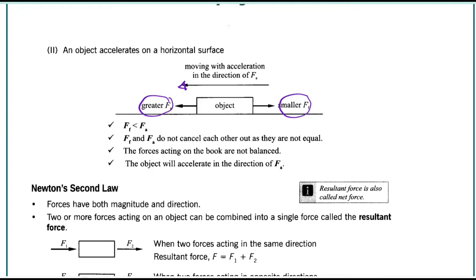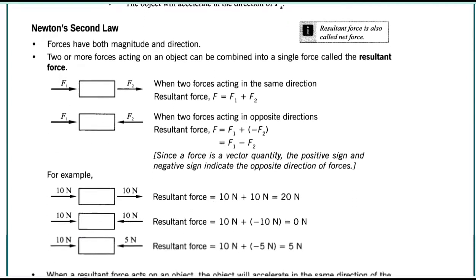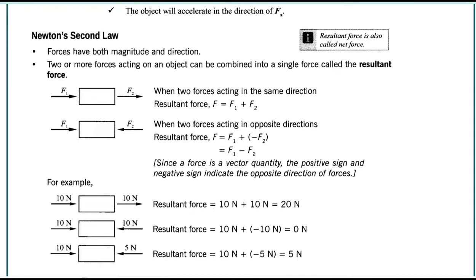Then after that, we also have to look at the second law of motion. The second law of motion insists that forces have both magnitude and direction, as we have said earlier, that forces are vectors.